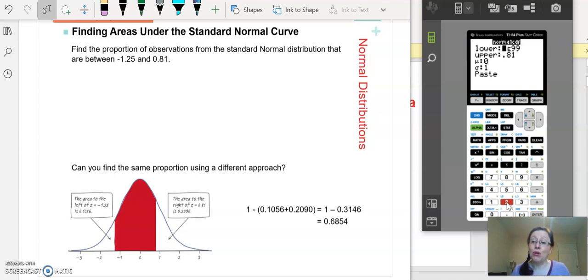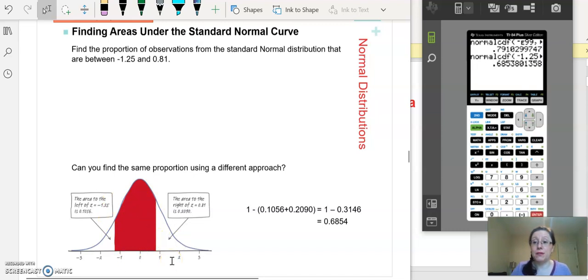And now the lower bound, right, is -1.25. And the upper bound is 0.81, right? And we're looking to see the proportion that's shaded here. So I'm going to say paste. And there is my answer, 0.6854.